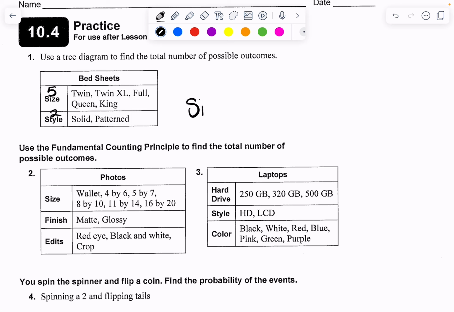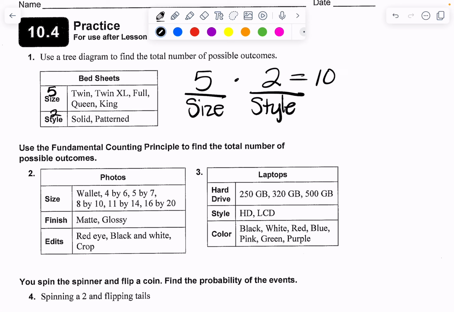Each of those is its own event. So there's 5 possibilities for my size, there's 2 for the style. And so to figure out my total possible combinations of different ways I could order my sheets, I'm going to multiply 5 times 2 and get 10 possible outcomes.